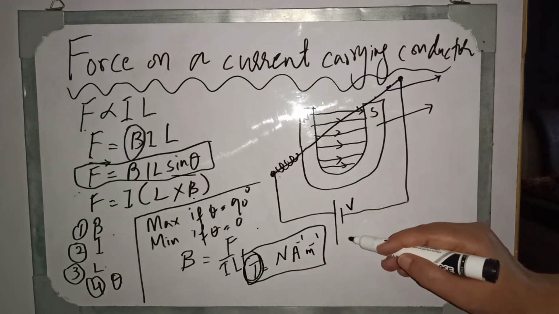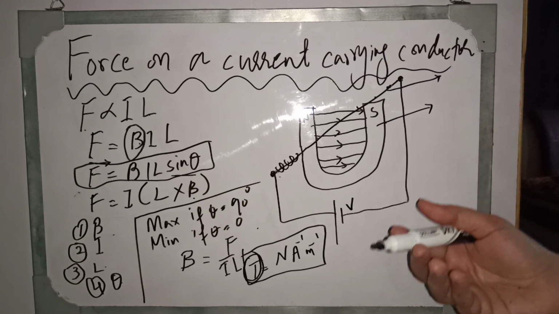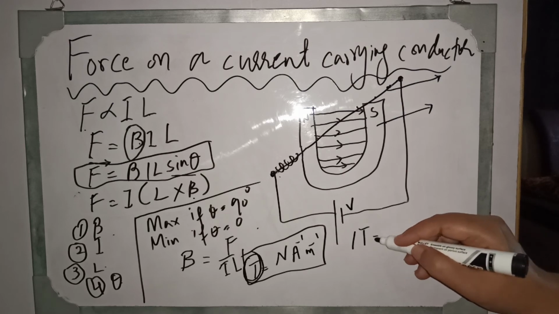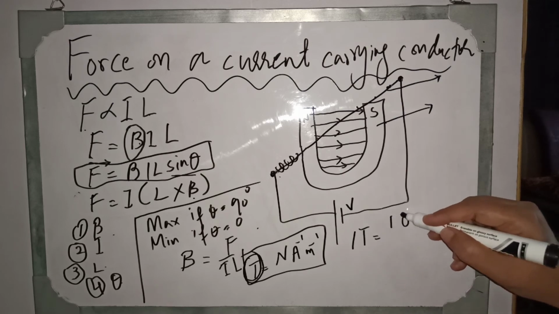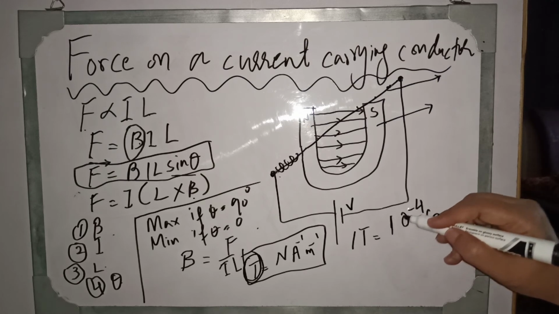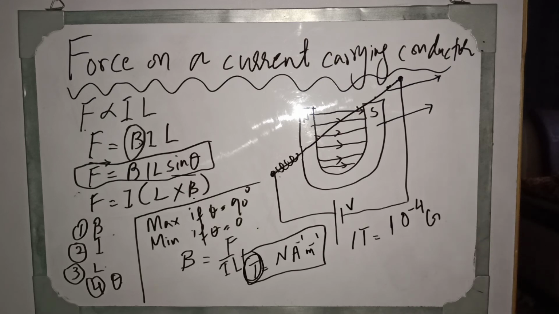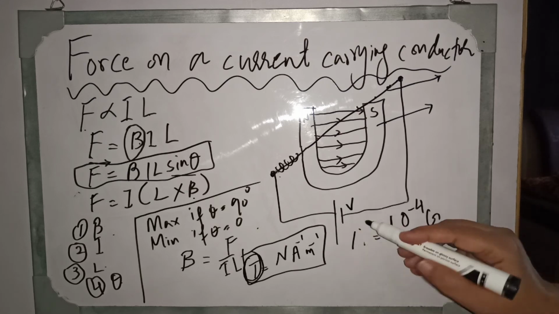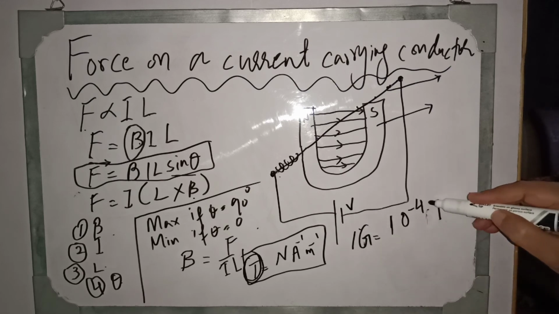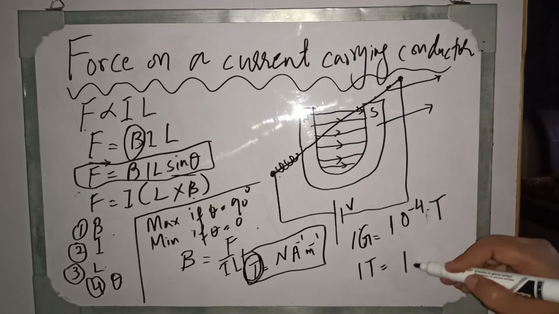And there is another unit of Tesla, as we use different kinds of units according to the nature of quantity. 1 Gauss is equal to 10 power minus 4 Tesla, or we can say that 1 Tesla is equal to 10 power 4 Gauss.